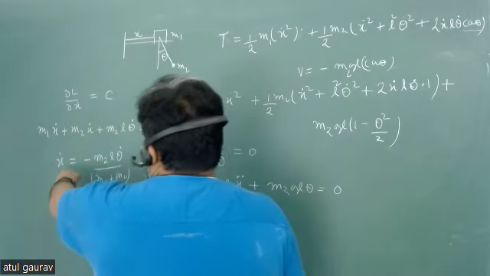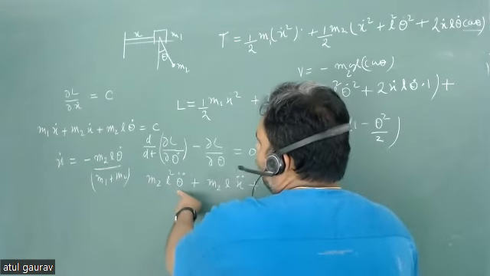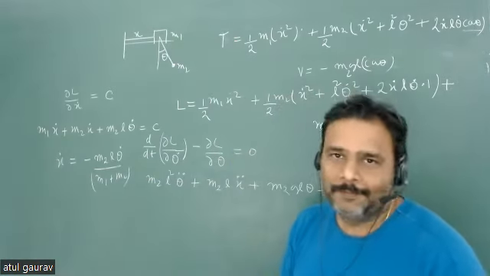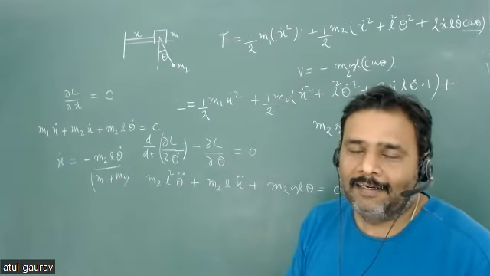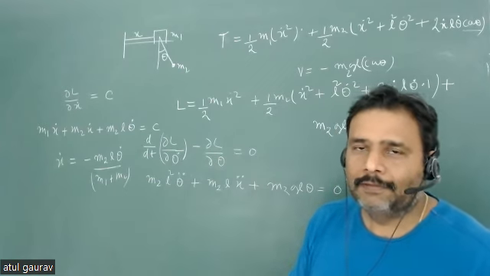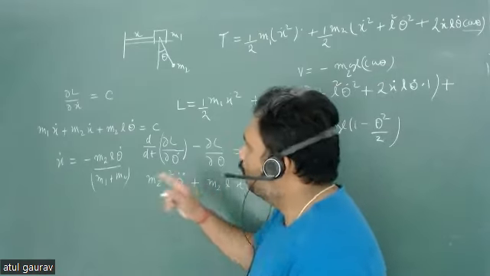So if you set x double dot equal to 0, that means your theta double dot is also 0. Then everything is 0, isn't it? Are you getting my point? So you cannot put x double dot as 0.